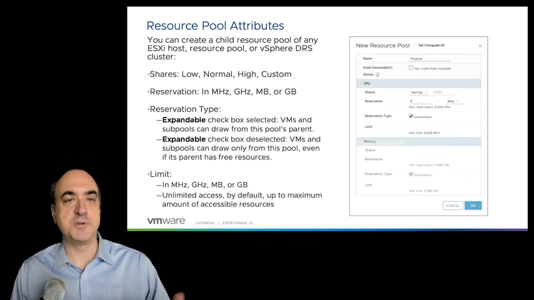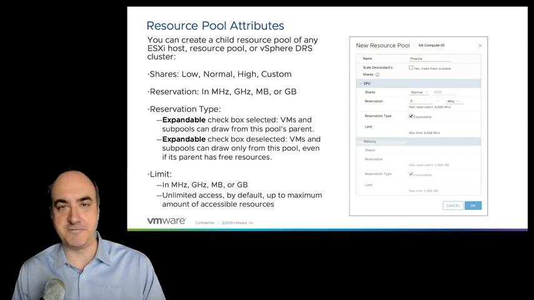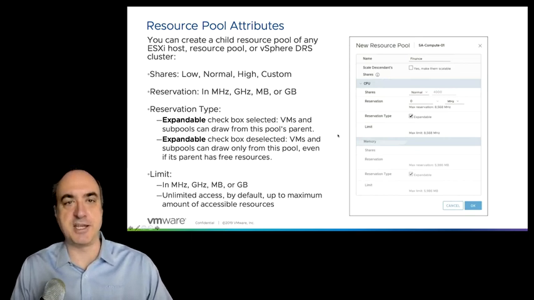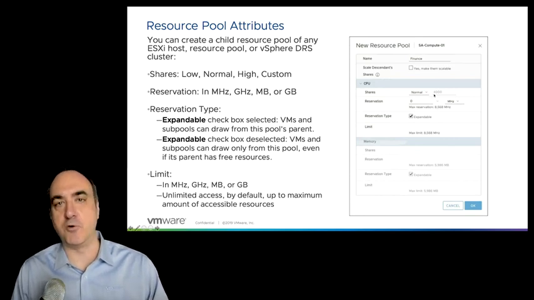Resource pool settings are a lot like when you have a VM with its traditional CPU and memory settings. You can set CPU shares, reservations, and limits. You can set memory shares, reservations, and limits. A little bit different, because if you know your VM CPU and memory settings, the CPU shares on a VM are 1,000 shares per virtual CPU. For a resource pool, it defaults to 4,000 shares as the normal setting, basically making the assumption that there are probably going to be 4 virtual CPUs in that resource pool.